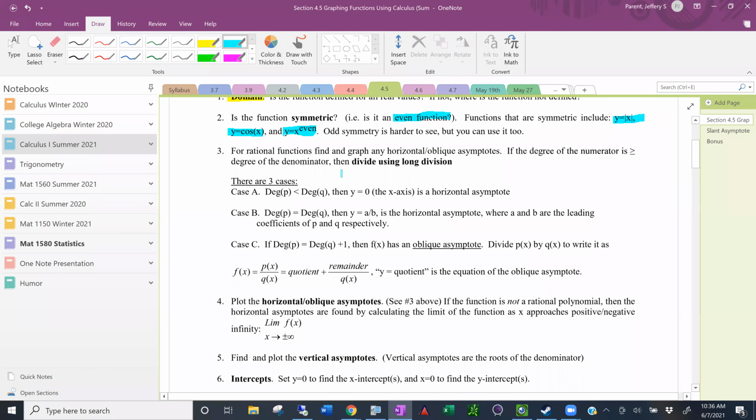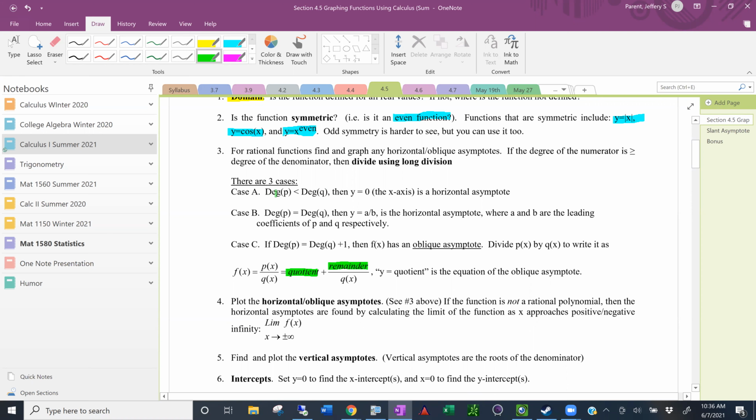Rational functions, you can use some long division. And then if you did use some long division, you probably get a quotient and remainder, and that could help you out because the quotient is going to be kind of your asymptote in some sense, or maybe in a direct sense if it's an oblique asymptote.